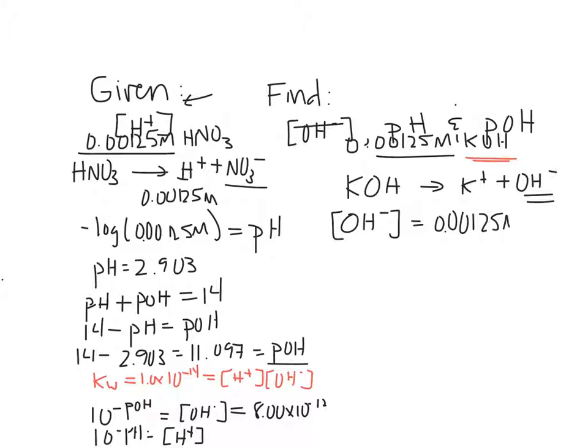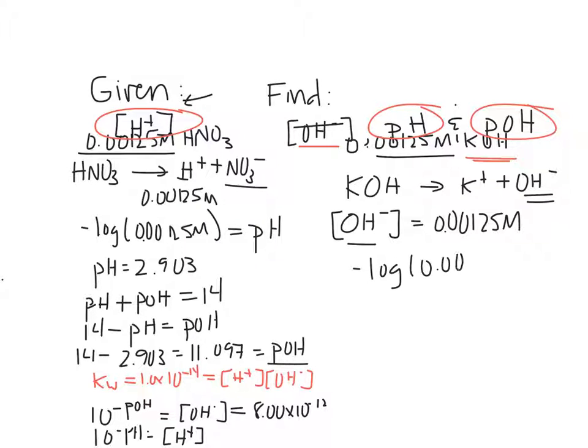0.0125 molar. Since I have OH, the easiest thing to find of the remaining three things, pH, pOH, and H, that we still need to find, is pOH. So I can do that just as I did before by taking the negative log of that hydroxide concentration.